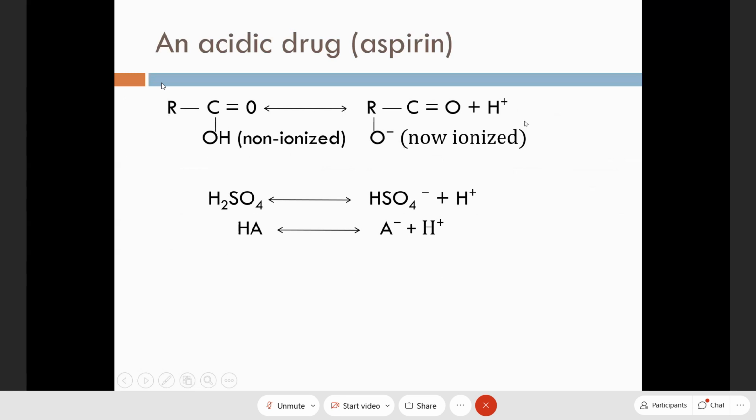The ionized form loses its hydrogen ion. So these are the forms: non-ionized form, and ionized form. These are examples.